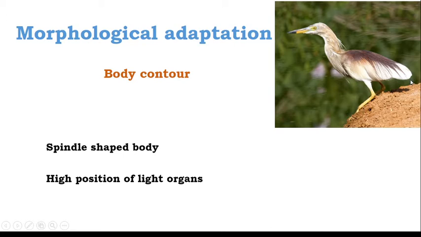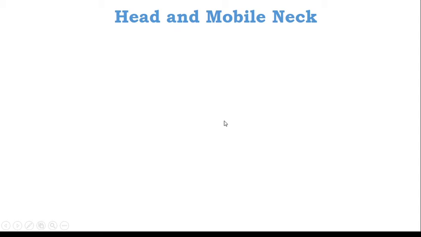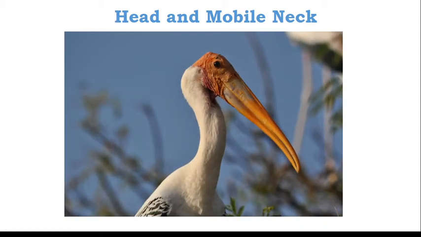Let us study what these modifications are morphologically. The first one is the head and mobile neck. The head possesses a horny beak without teeth, which helps in reducing the body weight. That means teeth are absent.